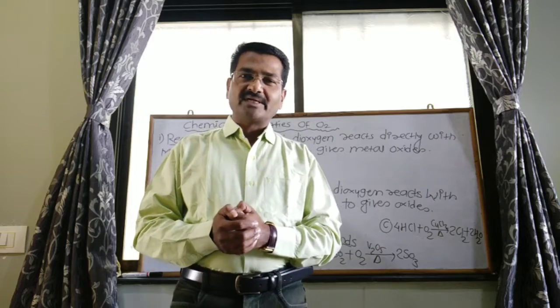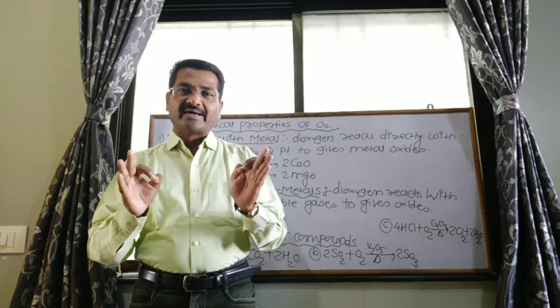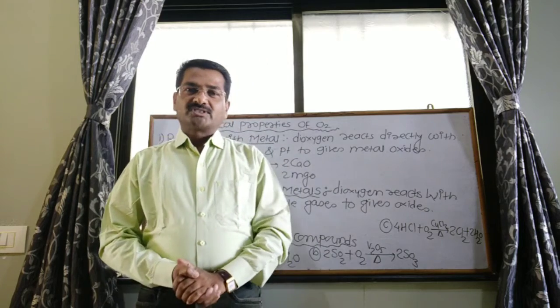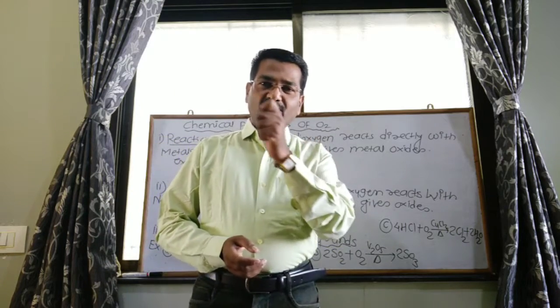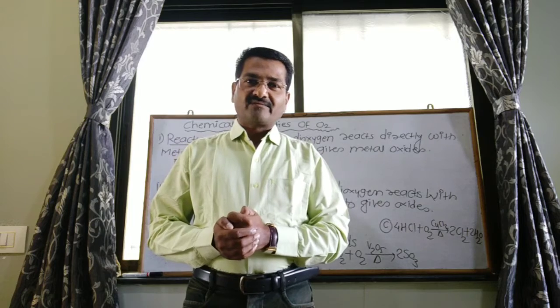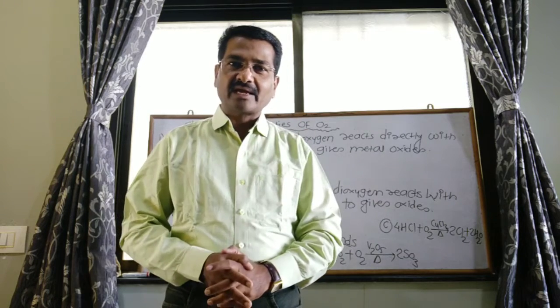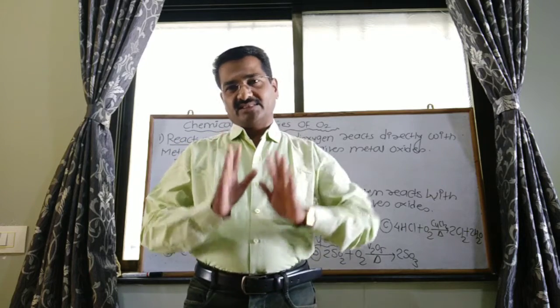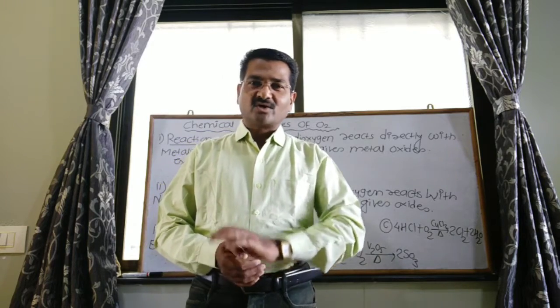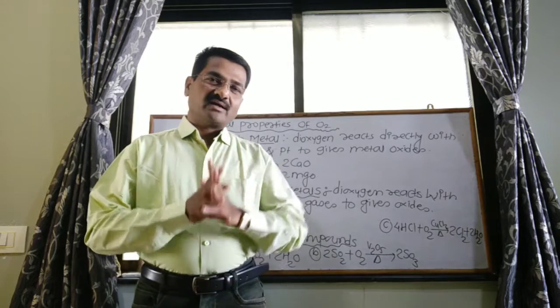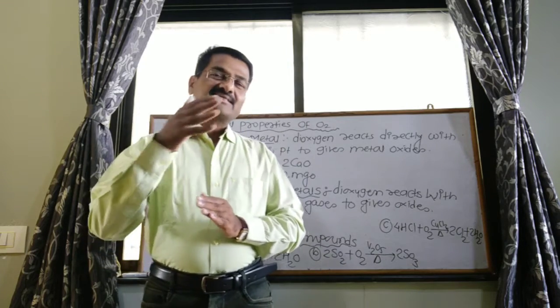Which are the physical properties? The physical properties of any compound are demonstrated by their external appearance. Suppose the external appearance of oxygen: first, oxygen is a colorless and odorless gas. It indicates oxygen does not have any color or odor, but it is gaseous in nature.